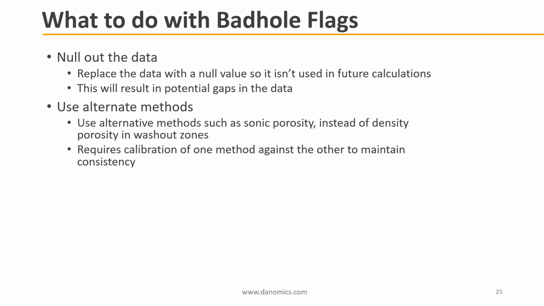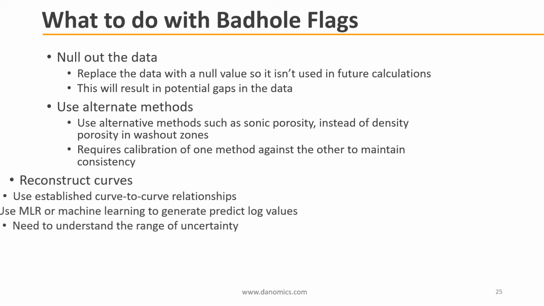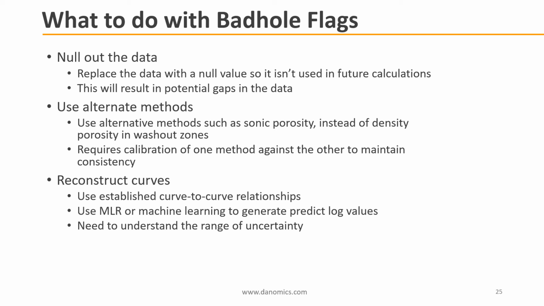And also, you may only have access to the data that you would need for those alternative methods in a small number of wells. So, you may only have sonic porosity in half the wells that you need it for. So once again, this may result in a sparser interpretation. The other option is you can try to reconstruct the curves.